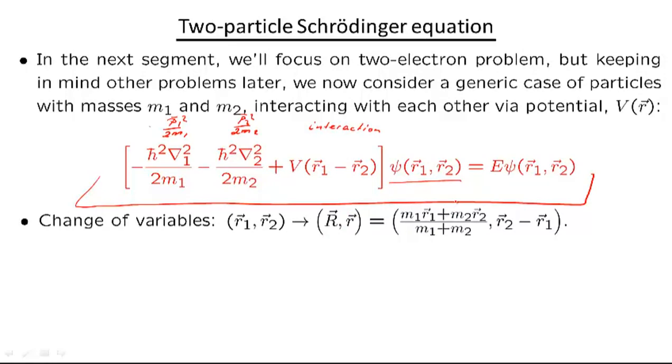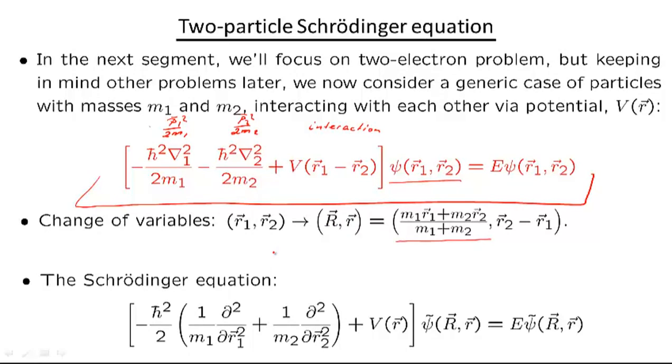lowercase r. The former represents the center of mass of our particles, defined as so. And the second one is the distance between the particles, the relative distance between particles r1 and r2. Now we're going to rewrite this equation in terms of capital R and lowercase r.